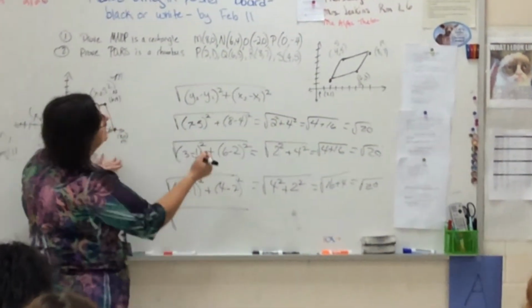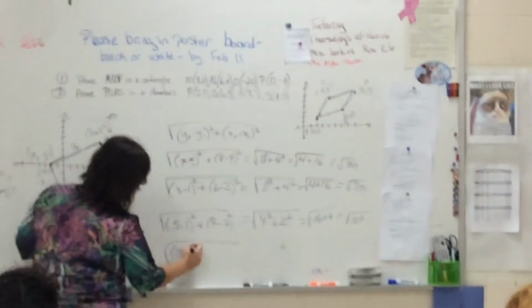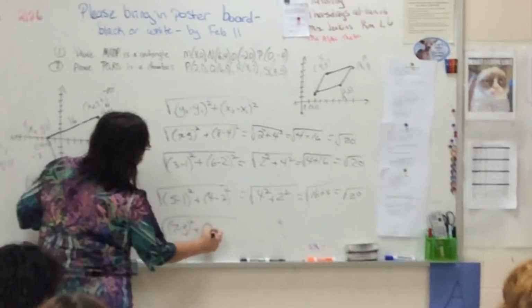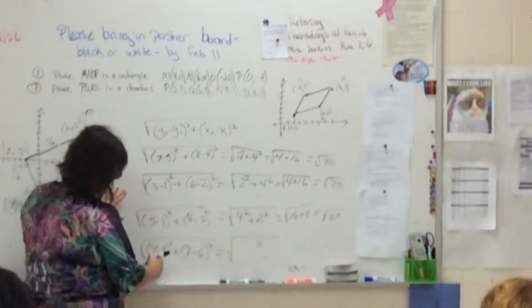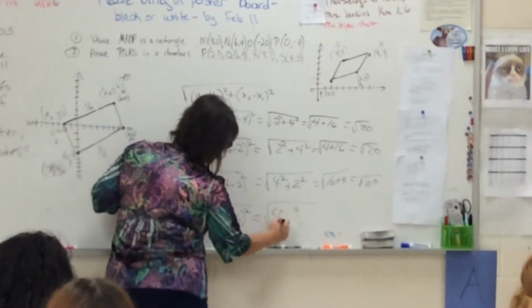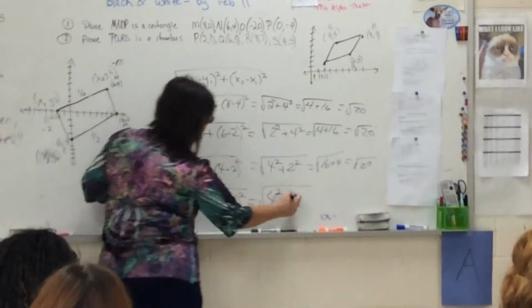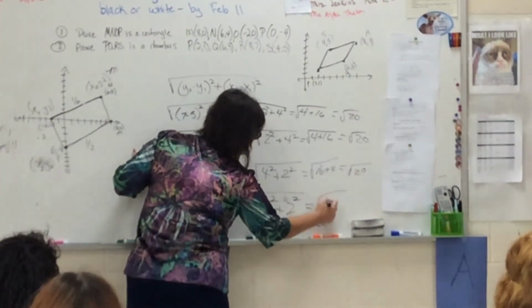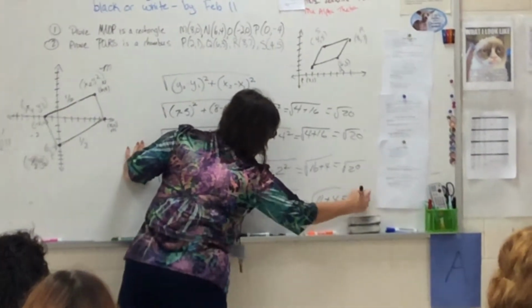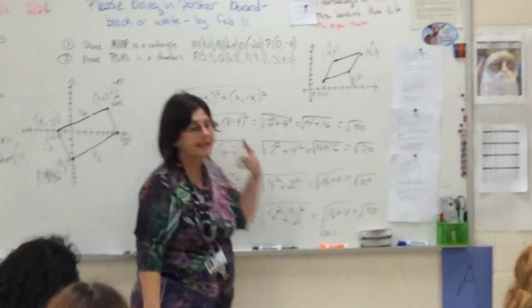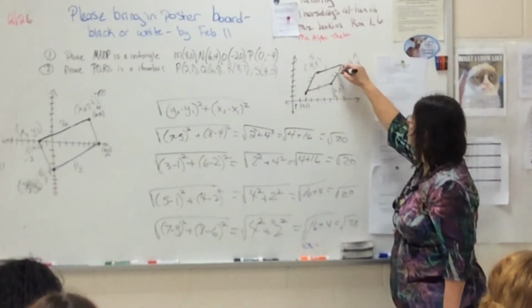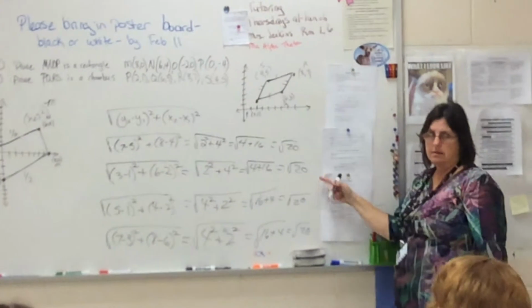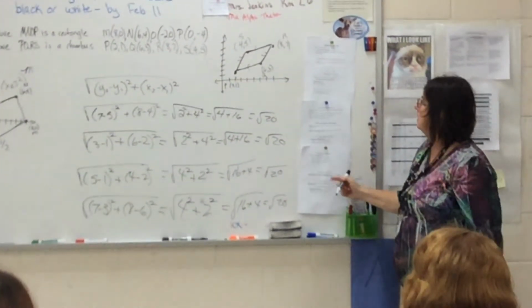So once again, we do 7 minus 3 squared plus 8 minus 6 squared. And we're going to get 7 minus 3 is 4 squared plus 8 minus 6 is 2 squared. 16 plus 4. So I've proven that this side is congruent to this side and this side is congruent to this side because they have the same length.